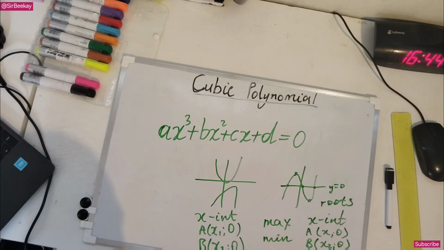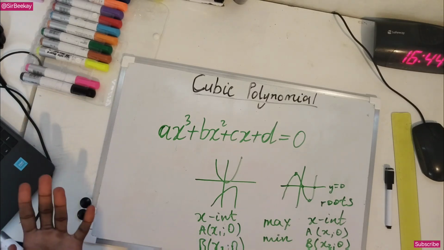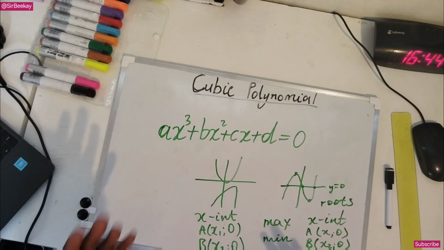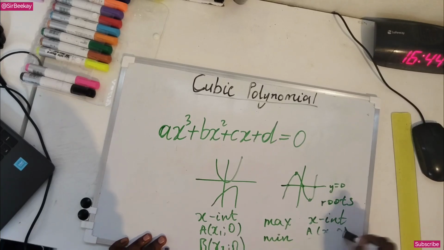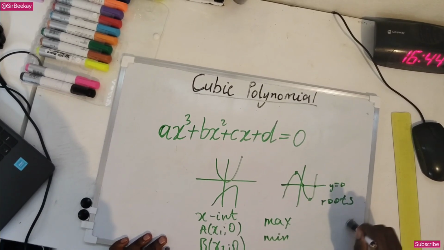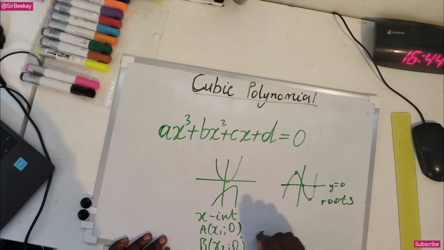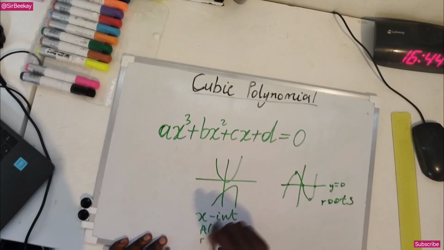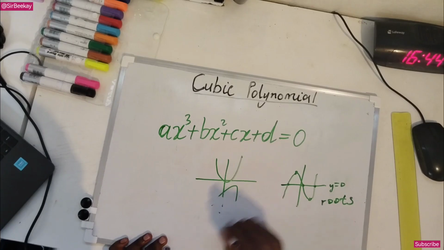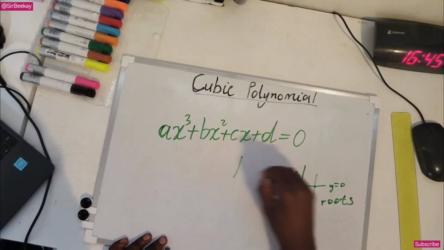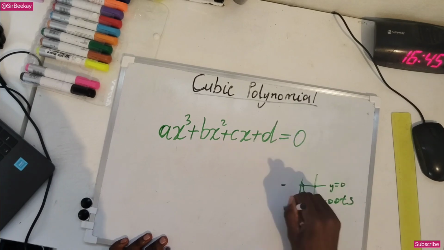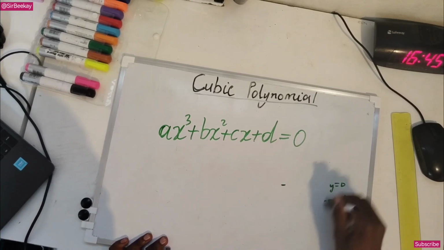Okay, now that we have explained how a quadratic function looks, let us go into the specifics of how you go about finding the relevant information necessary to plot the graph of a cubic polynomial.